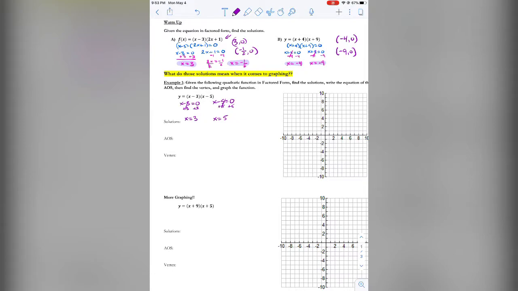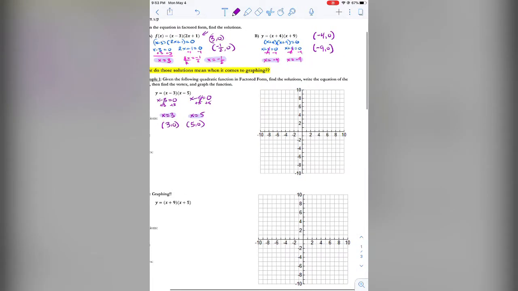Now again, those solutions are just another name for your x-intercepts, or where your graph crosses the x-axis. So we know from our solutions that our graph crosses the x-axis at (3, 0) and (5, 0).